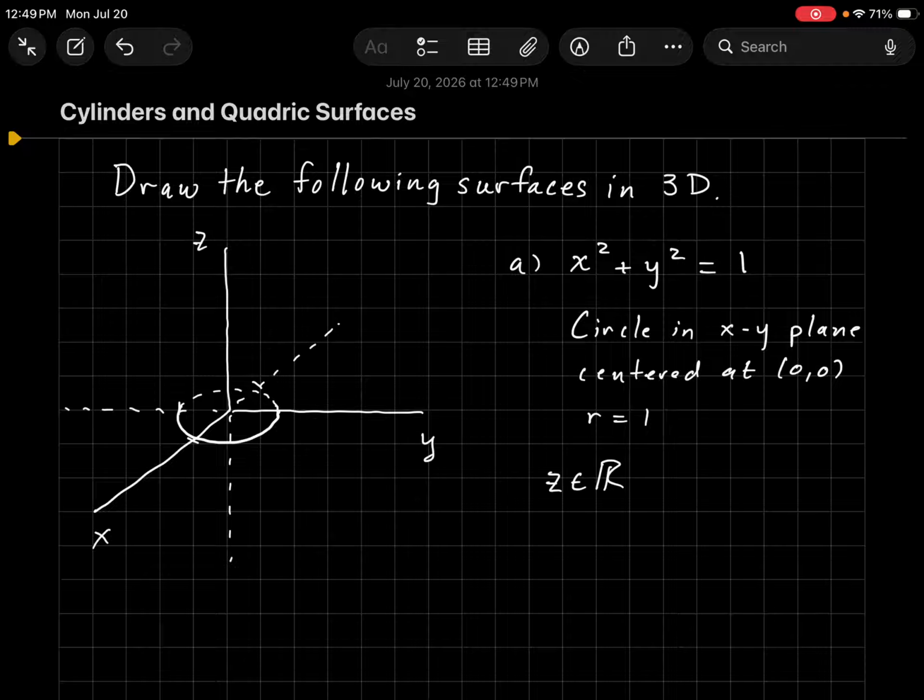I have a circle centered about the z-axis for every value of z, where all of these circles have a radius of 1. So something like this, as well as below the xy plane. And so this equation here is a circle in two-dimensional space, but it is a cylinder in three-dimensional space, centered about the z-axis.